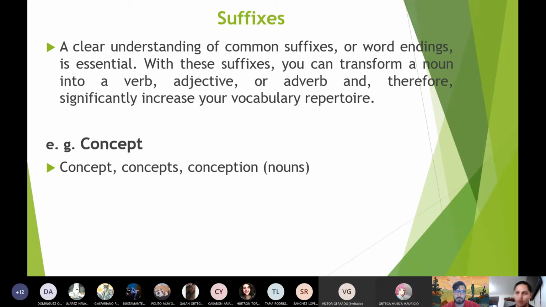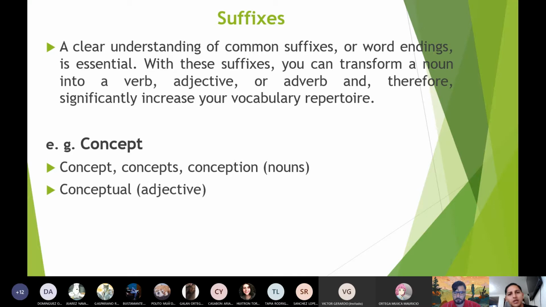Conception is a noun, but it has a different register. What is a register? It's employed in a different context, maybe academic, scientific. Okay, so you should start noticing when to use words, what they mean, and when they should be employed.